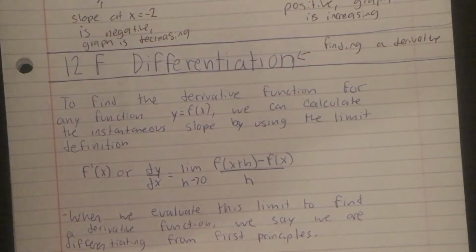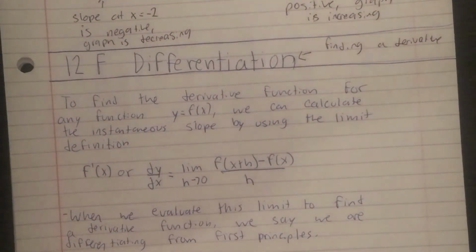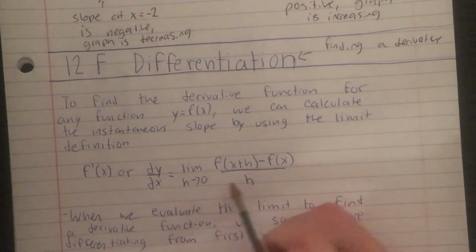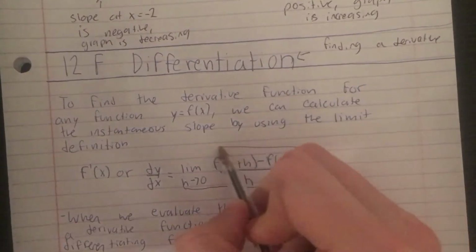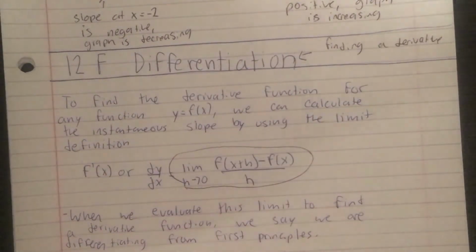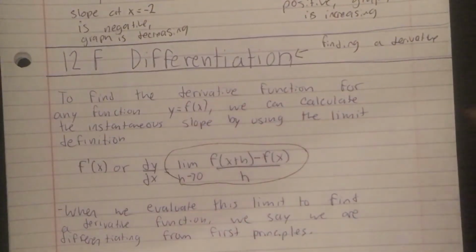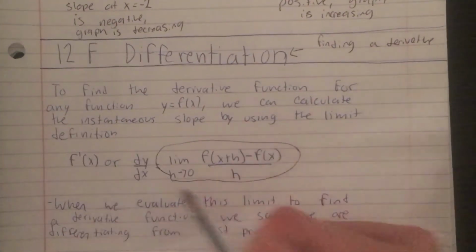We looked earlier at how you can find the instantaneous slope at a point by using the limit definition right here. It turns out that you can use that definition to find the derivative of any function. To find the derivative for any function y equals f of x, we're going to calculate the instantaneous slope just by using this limit definition.